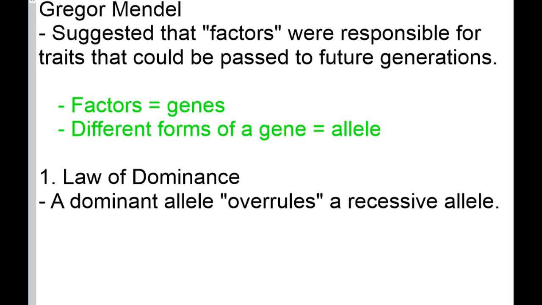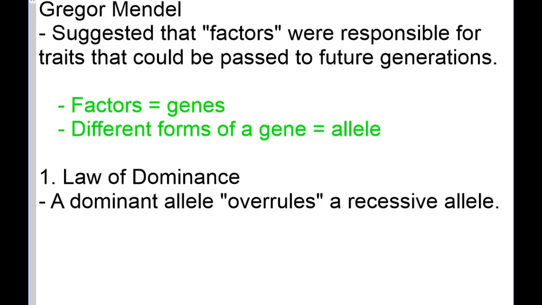Or some of the flowers in your garden? You literally take a paintbrush and you tickle the inside of the flower, and then you go to the next flower and you tickle the inside of that flower. And so you are deliberately breeding certain pea plants with each other. And that's what he did.